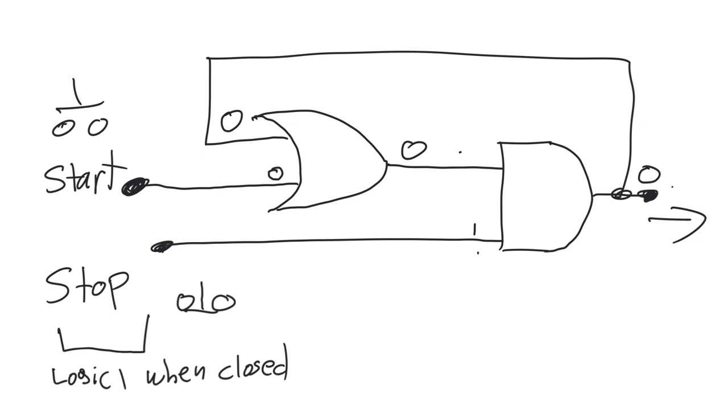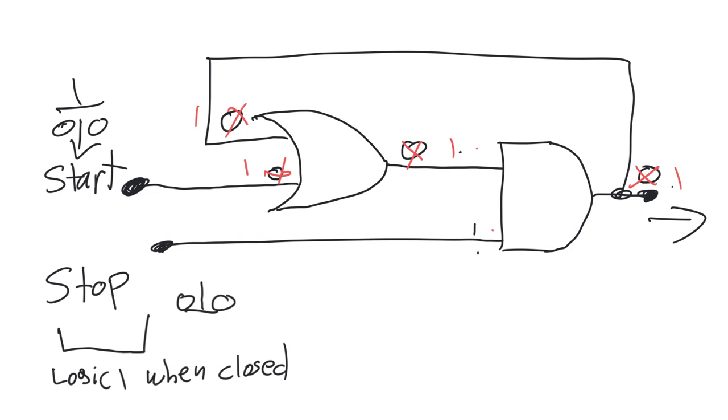So then we're going to depress the start button momentarily, and that means that this input here is immediately going to transition to a logic 1, which will make that a logic 1. Now we have a 1 and a 1, logic 1, which feeds back to the OR gate, right?